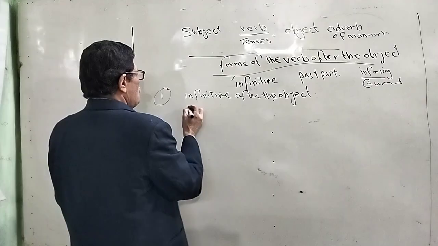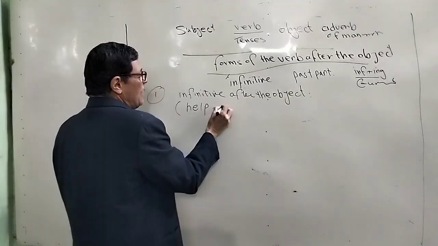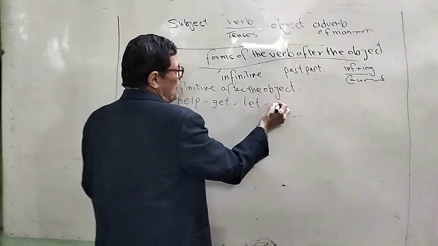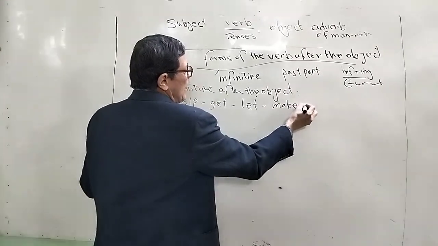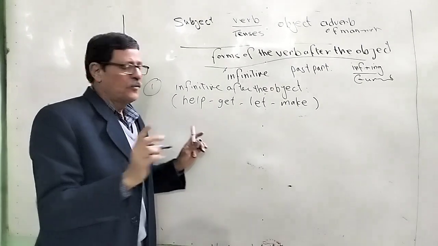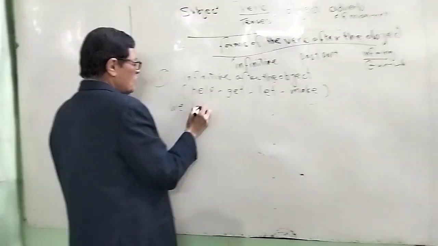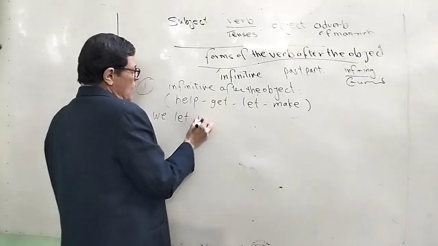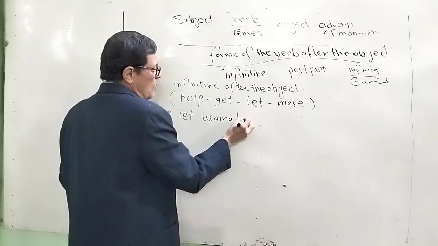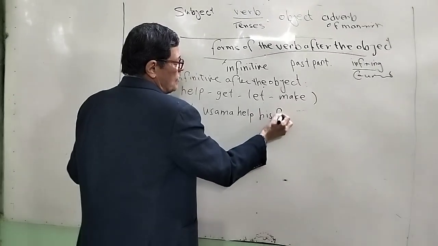If the sentence contains help, get, let, make, and so on. For example, we let Osama help his friend.